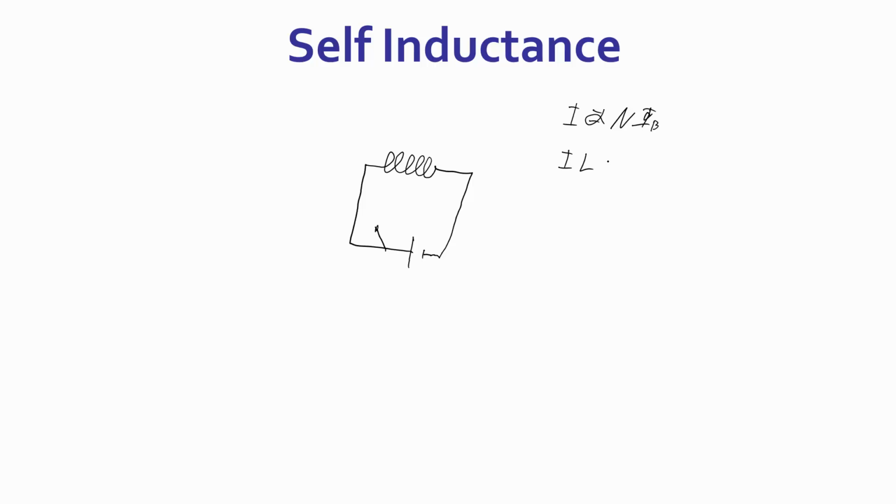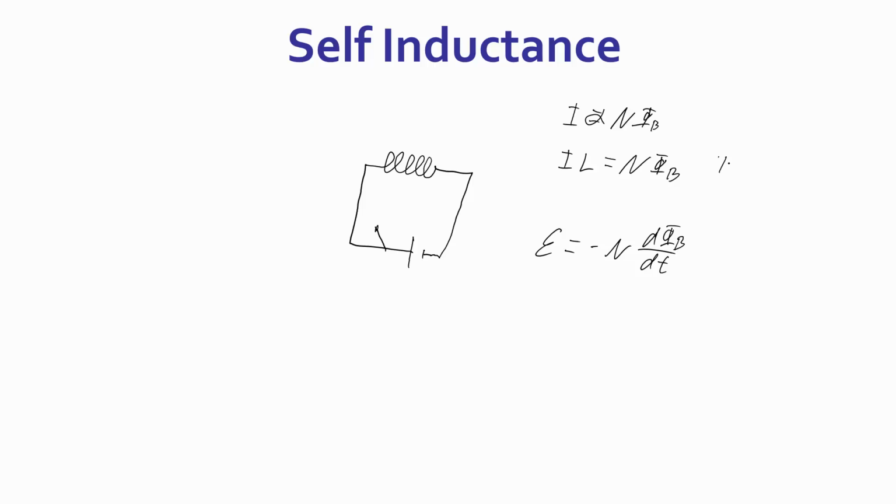In this case we're going to use an L. Why, I'm not sure, but that is the symbol we use for self-inductance. So that's going to be equal to N times the flux of B. We also know that the EMF is negative. I probably lost the negative sign in the previous one, didn't I? I do that a lot. It's all right. Okay, so we've got this thing going on.